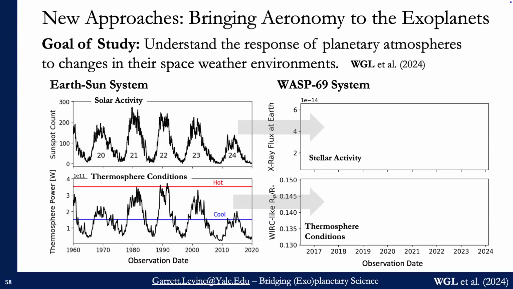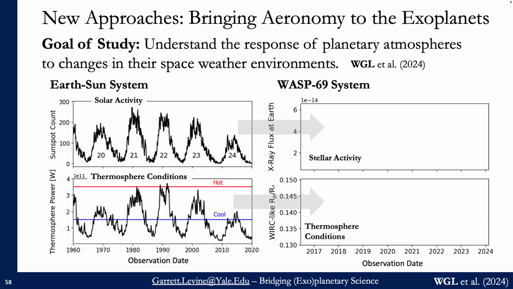So in the Earth-Sun system, the way that we understand how Earth responds to space weather is through a plot like this. This is just the sunspot count and the thermosphere power, a good proxy for temperature, as a function of time.